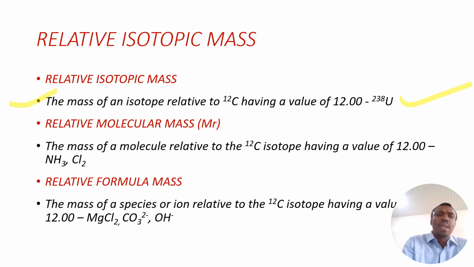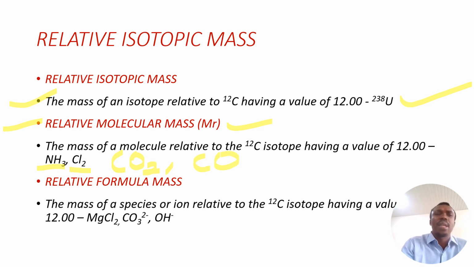Then if it's a molecule, we say relative molecular mass, which is the mass of a molecule like chlorine, a molecule like ammonia, a molecule like carbon dioxide, a molecule like what?